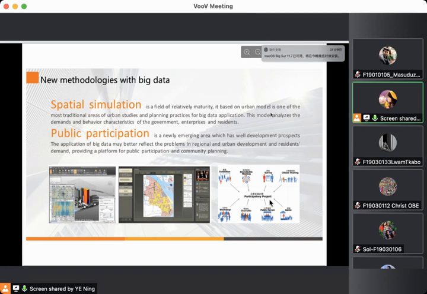We can check the destination objects, like the internet. So this service structure is very useful for public participation. Everything is together.